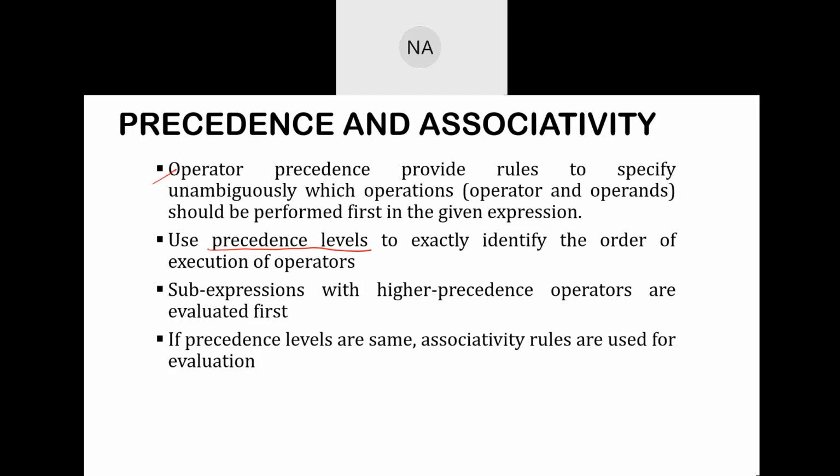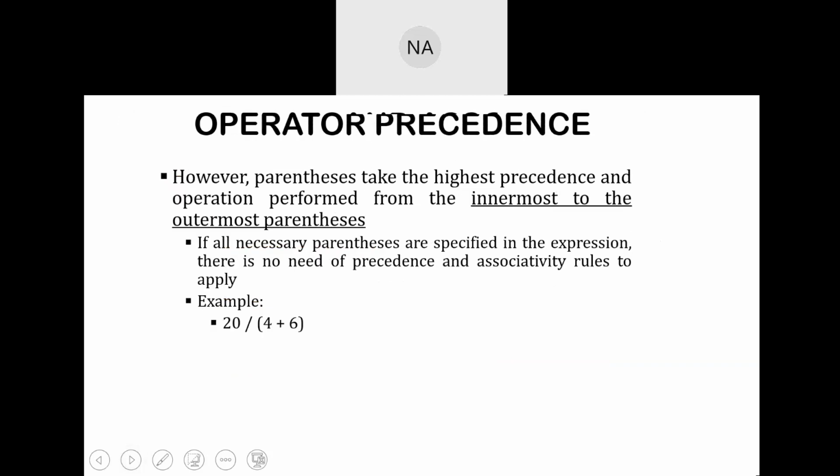So the expressions or sub-expressions with the higher precedence operators are evaluated first, and if the precedence labels are the same, then associativity rules are used for evaluation. Okay, so this is the general guideline for evaluating a C expression using the precedence and associativity rules.